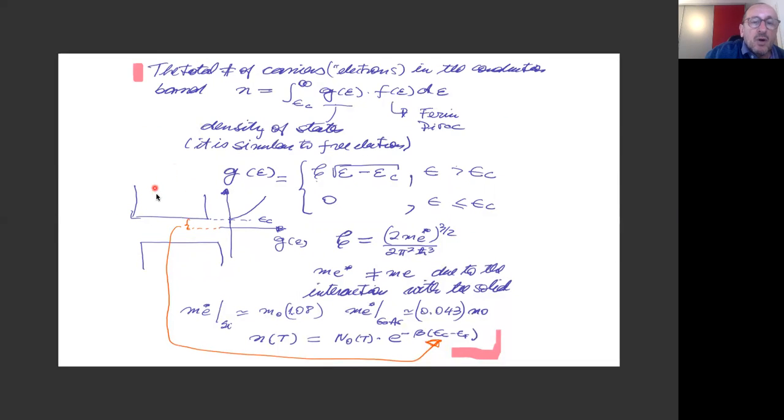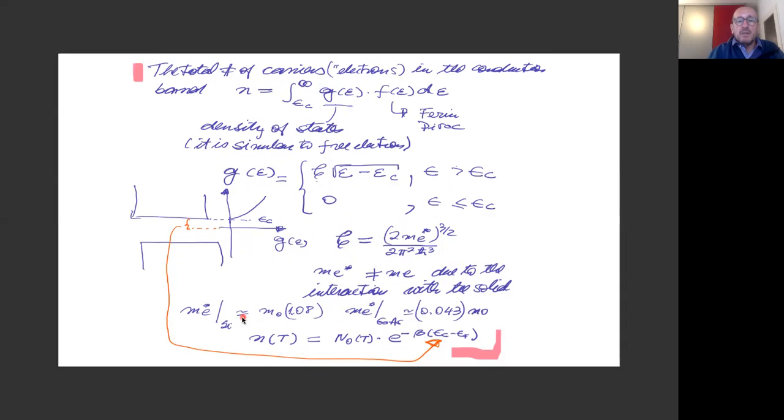Because if I know the density of the electrons in the conduction band, I will multiply that by the charge and the velocity, and I will have a current. And how do I get a velocity out of it? I put an electric field on it. So I could calculate very easily a current based on the density of charge carriers in the conduction band.